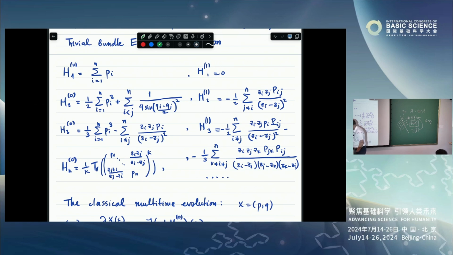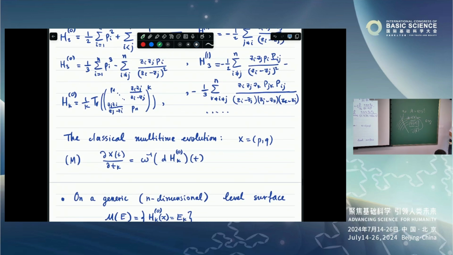All the Hamiltonians are derived from the Lax operator, and then quantum corrections, which can be computed easily one by one, but it's not necessary to compute them all.